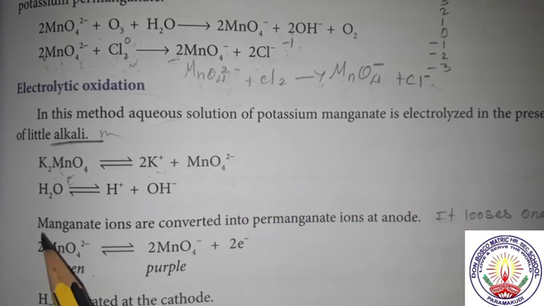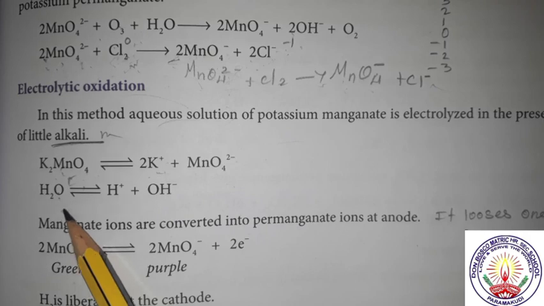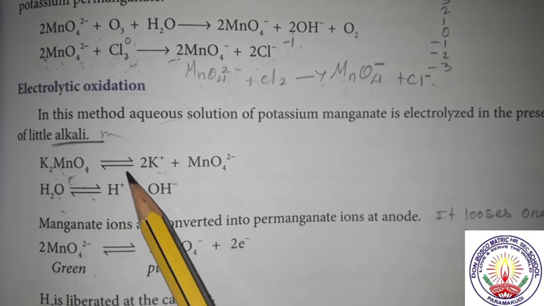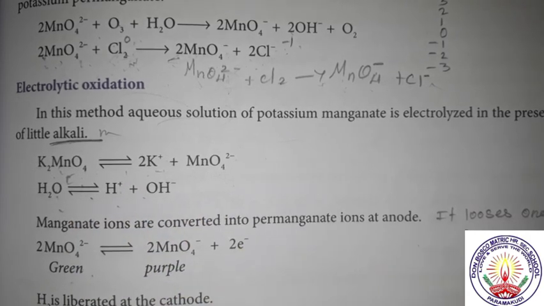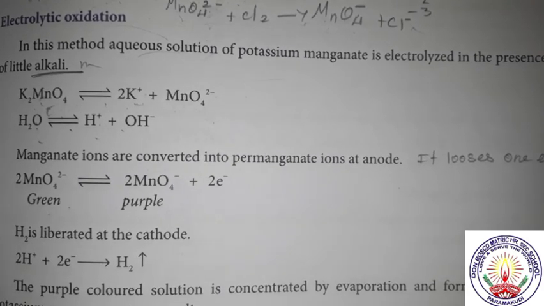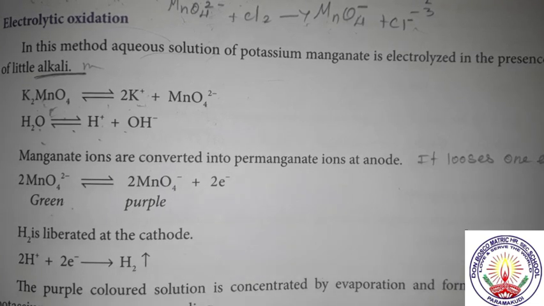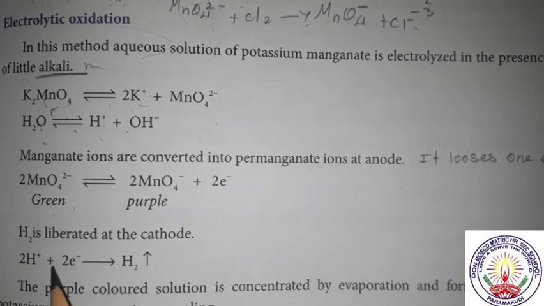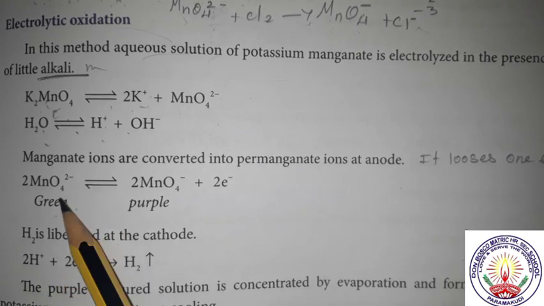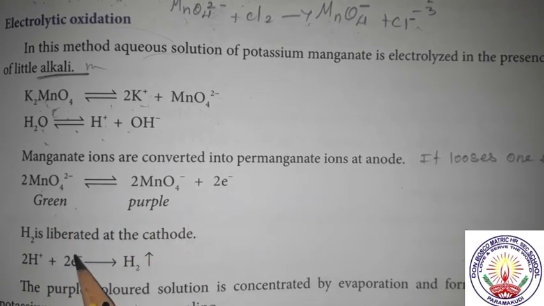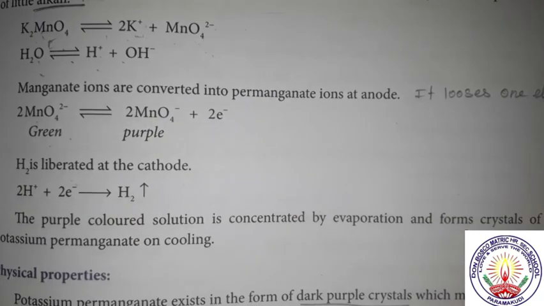Water dissociates into H plus ion and OH minus ion. So here the manganate ions are converted into permanganate ion at anode, by losing just one electron. The remaining H2 gas is liberated at cathode.